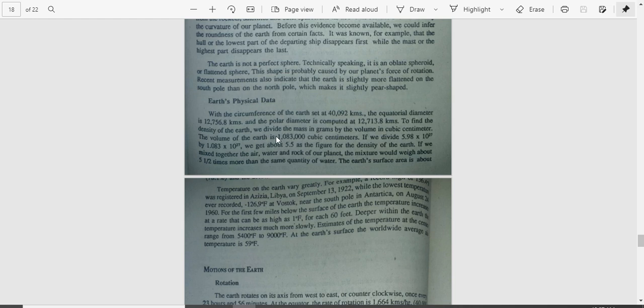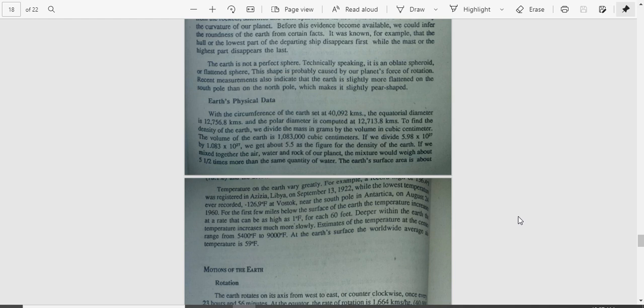12,700. To find the density of the Earth, we divide the mass in grams by the volume in cubic centimeters. The volume of the Earth is around 1.083 times 10 raised to 27 cubic centimeters.